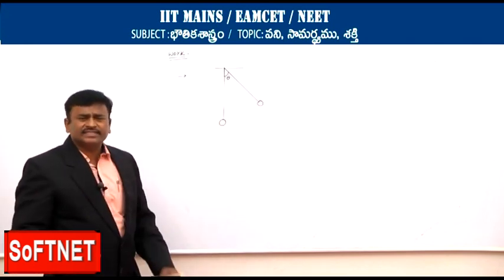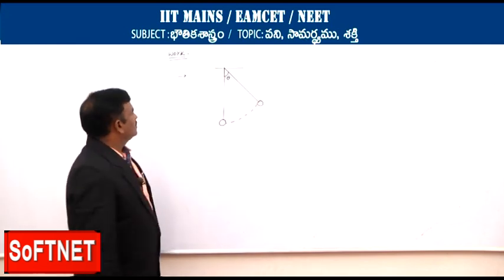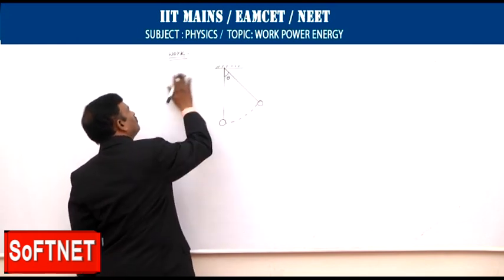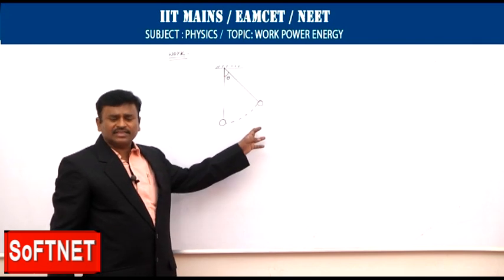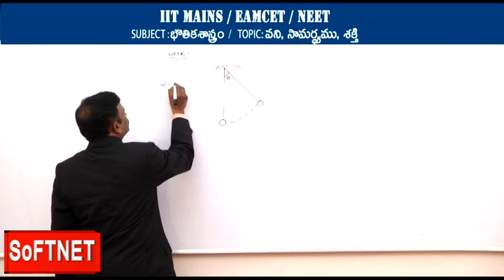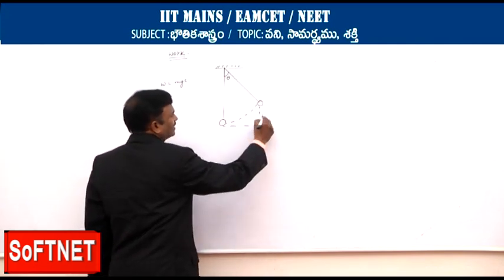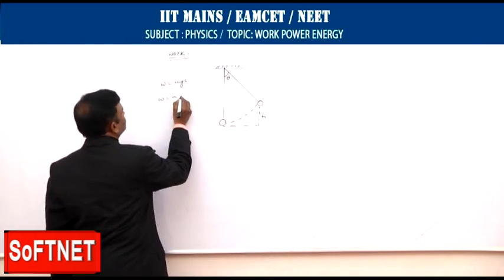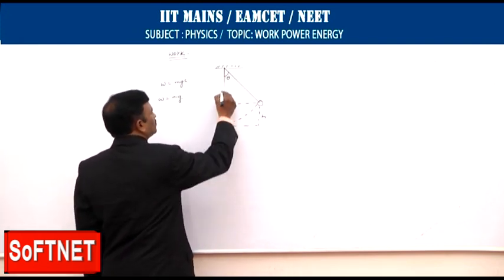How much work is done to pull the pendulum bob by making an angle theta with the vertical? That is the question. The work done is equal to mg into h, because it is pulled through a height h. So W is equal to mg h, and we want to find h. What is the total length? Assume L.